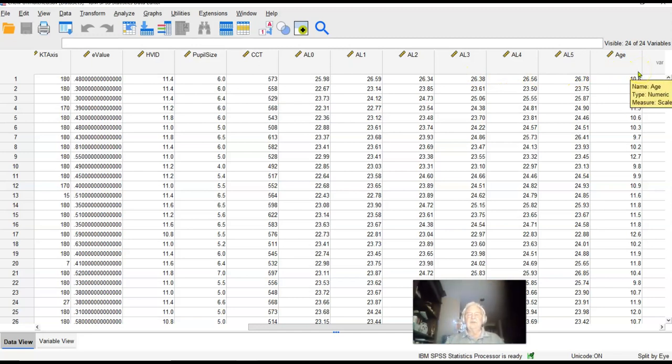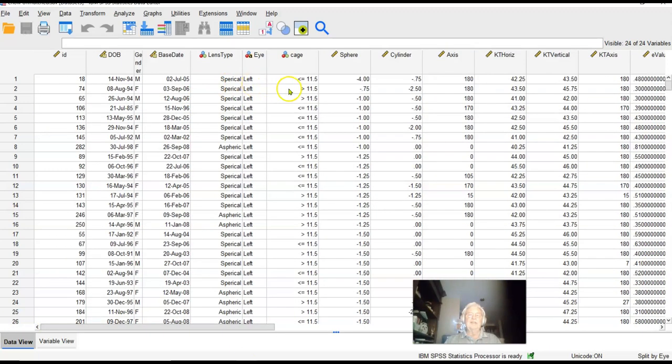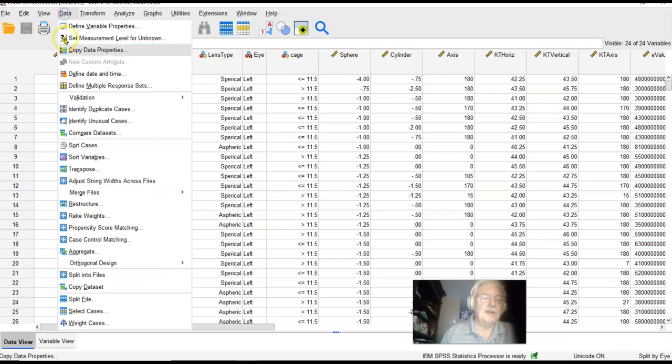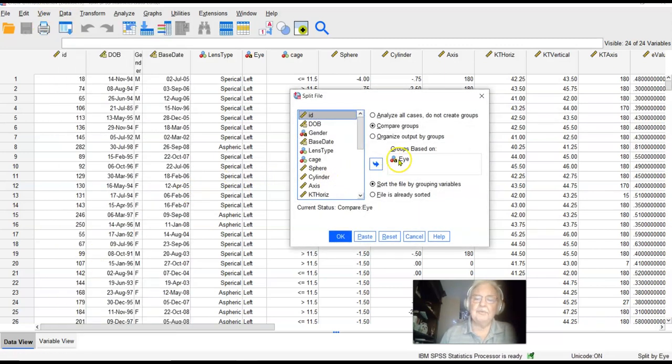And if spherical and aspherical groups were repeated, we would have a spherical AL0 to 5 and an aspherical AL0 to AL5. But they're not, they're between. Now what is repeated is I, and the left and right eye. And so what we're going to do is we're going to split our file by I, which we've already done here.